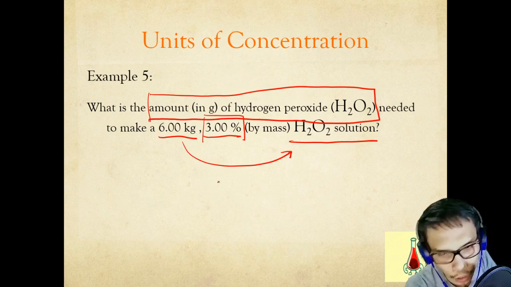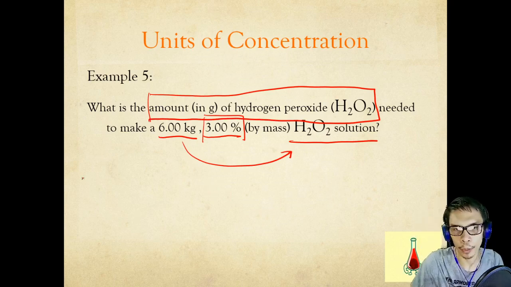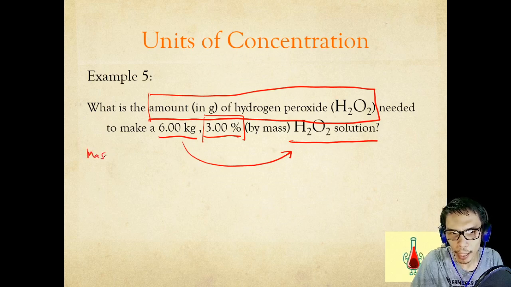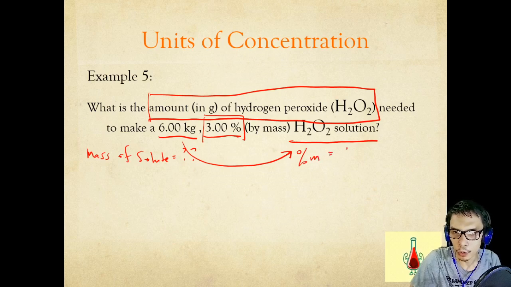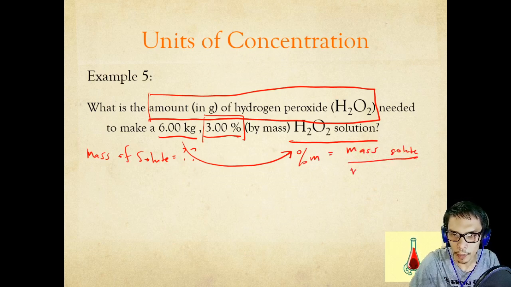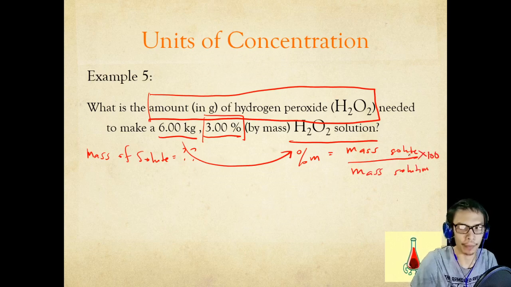So the question here is how much of the solute is present in your solution. So we will find out the mass of solute that is missing on this problem. So we will use the formula percent by mass is equal to mass of solute over mass of solution, and don't forget times 100.